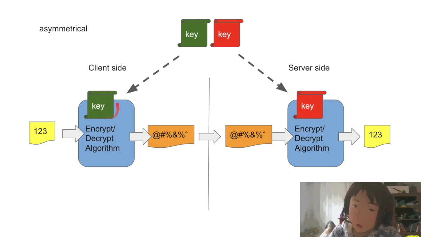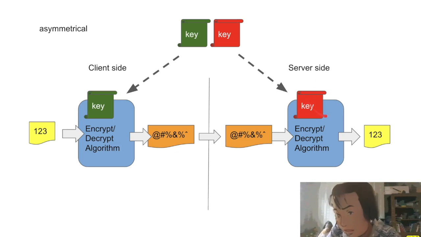So how do these two keys work? Similarly, the client side uses the green key to encrypt 1 to 3, and that is encrypted into rubbish, and then this rubbish message is transferred by the internet and lands on the server side. And the server side decrypts the message with the red key, and then gets the message 1 to 3 here.